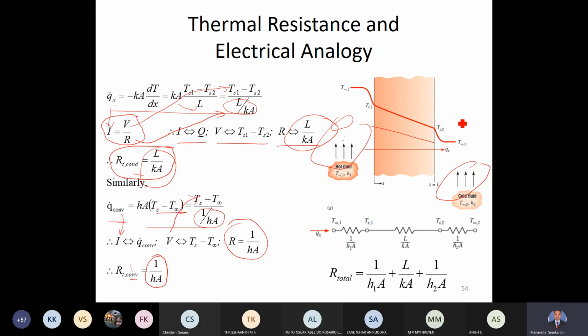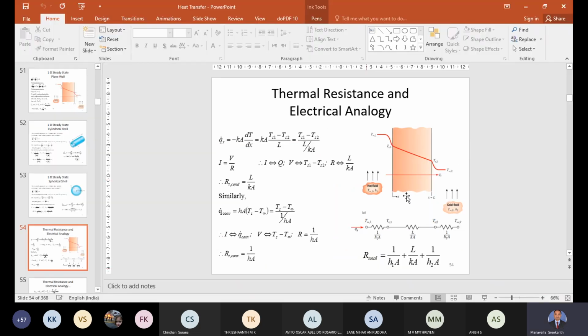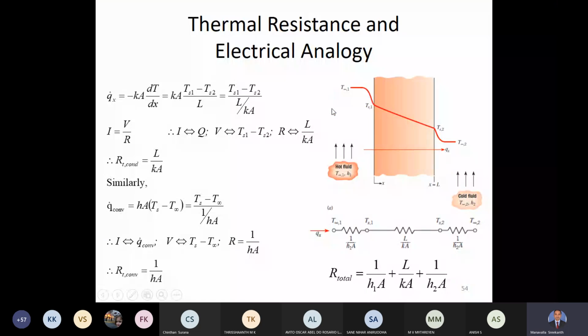Now let us look at the entire schematic that we have here. We have heat flowing from this end to this end: T infinity, Ts1, Ts2.